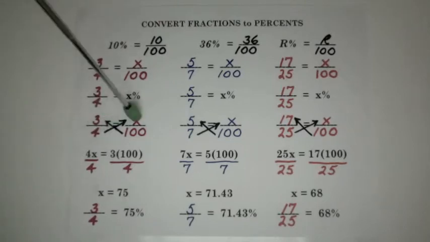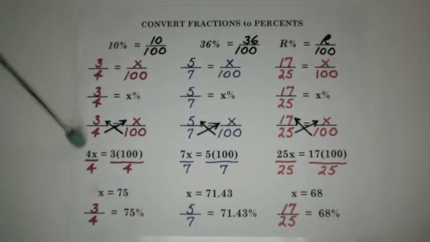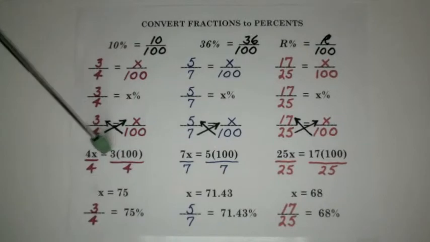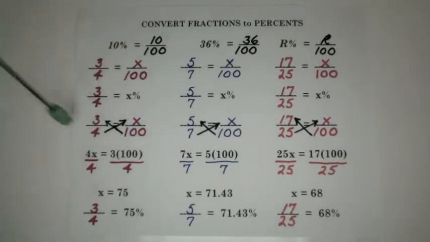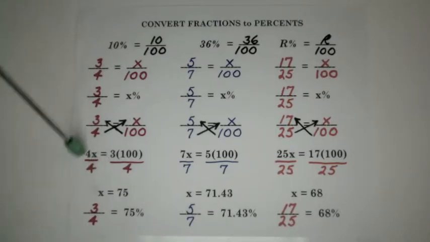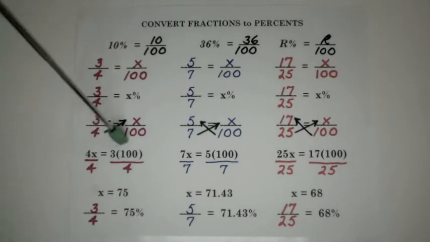So 4 times x is 4x. 3 times 100 is 300. Now to isolate the x, I have to divide by 4 because 4 is being multiplied to the x. Whatever I do to one side of the equal sign, I must do to the other side.